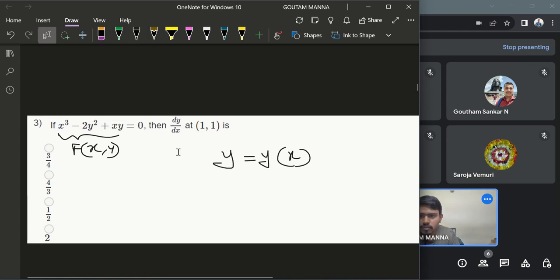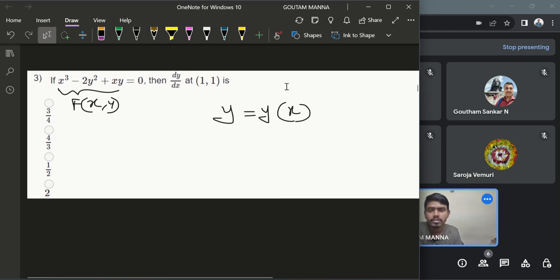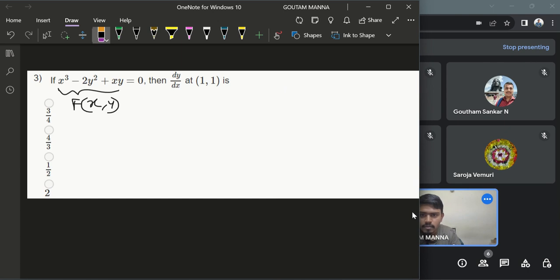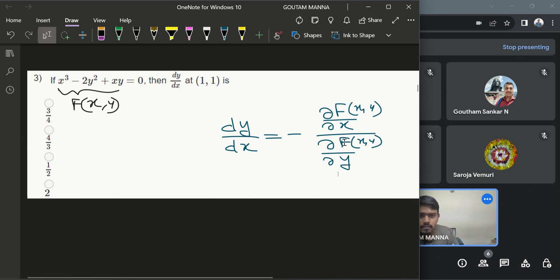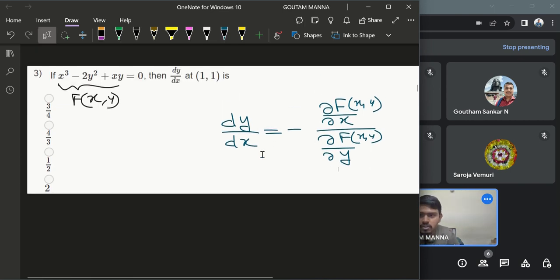To get the derivative, we need to use the implicit function theorem, which is dy dx equals to minus of del f del x by del f del y, provided del f del y not equals to 0.